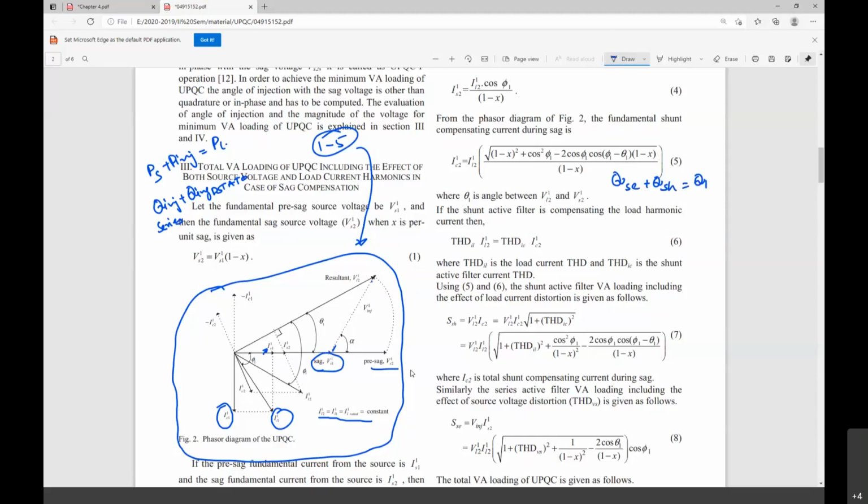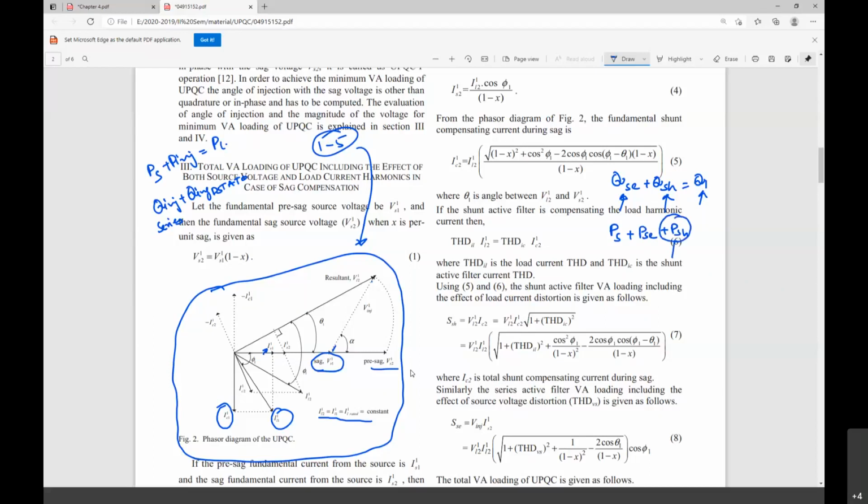From the equations, use equations 1 to 5. Prove that the reactive power injected by the series and the shunt is equal to QL, and the real power is the source power and the series active power filter. If there is anything from the shunt active power filter, please try to understand.